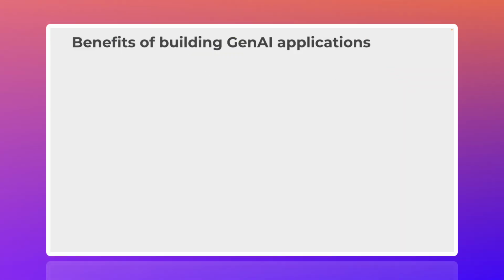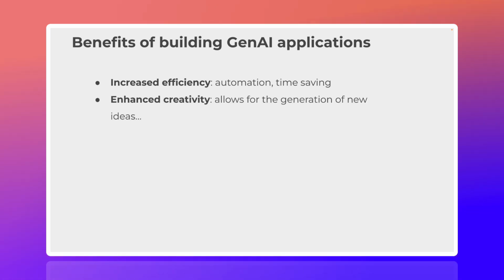Gen AI applications have many benefits. One of which is that they increase efficiency, because now we can use them to automate our work and save time. Also enhanced creativity, because it allows for the generation of new ideas and new content from these models that have been trained on large data sets.